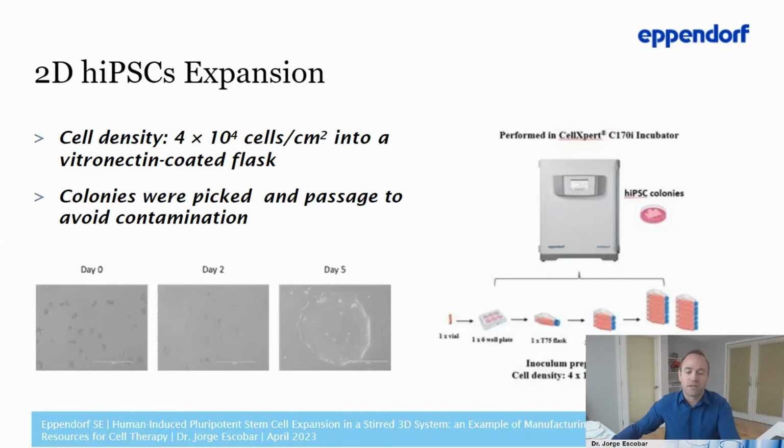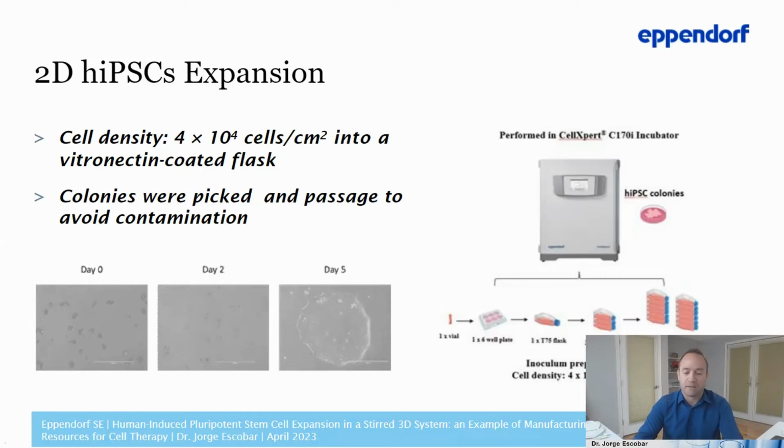The medium was changed daily, and at day 5 you see well-defined colonies. This 6-well plate containing all these iPSC colonies was removed from the CellXpert C170i incubator, as you see in one of the pictures in this slide, and placed in the laminar hood under the microscope for colony picking.